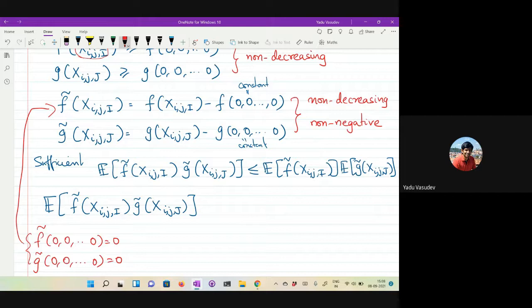What does it mean to say that both these functions are non-zero at the same time? The question is, can f tilde and g tilde be non-zero at the same time?